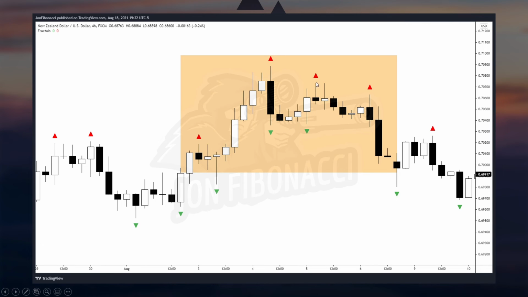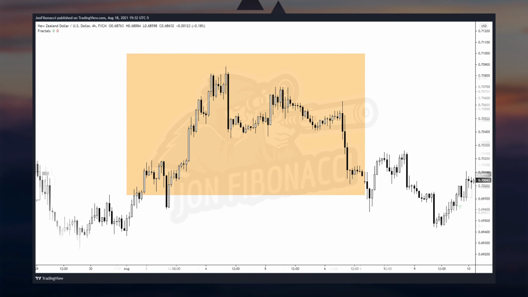And then as the market traded higher, this is where we were looking for short positions, but we can actually drop down into the 1-hour time frame and take a look.